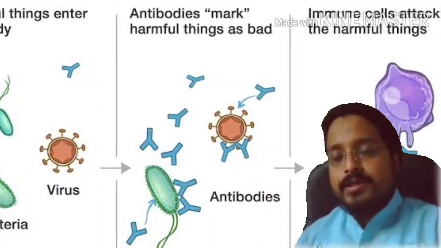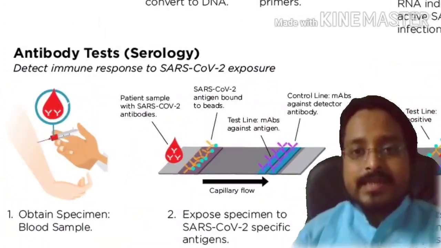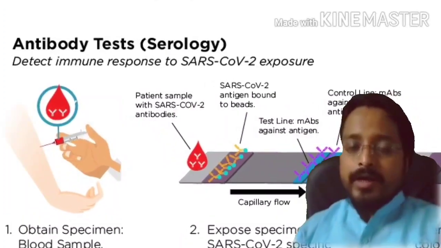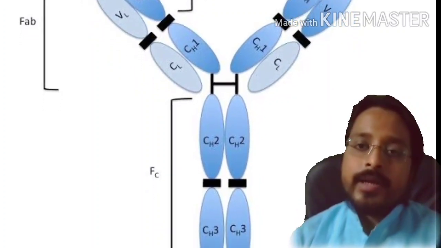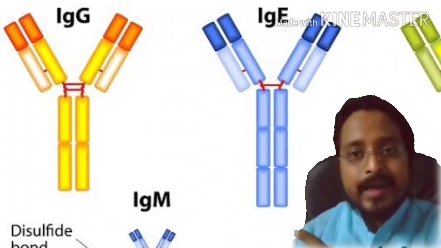Rapid antibody test, or which is better known as RAT, simply measures IgG antibody in a blood. IgG means immunoglobulin G. Now what it is a matter of discussion, which we'll do it later.